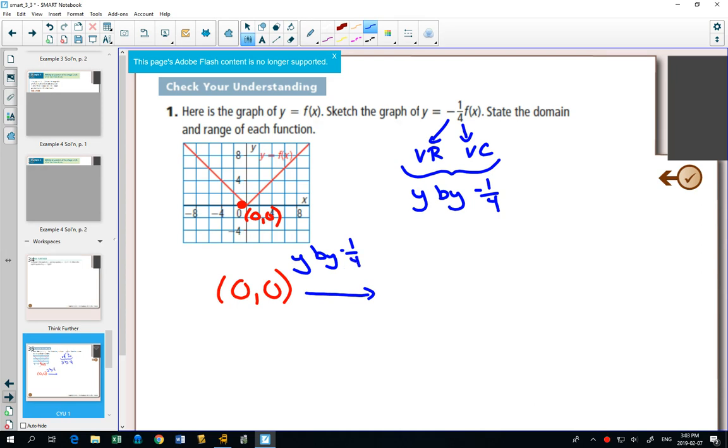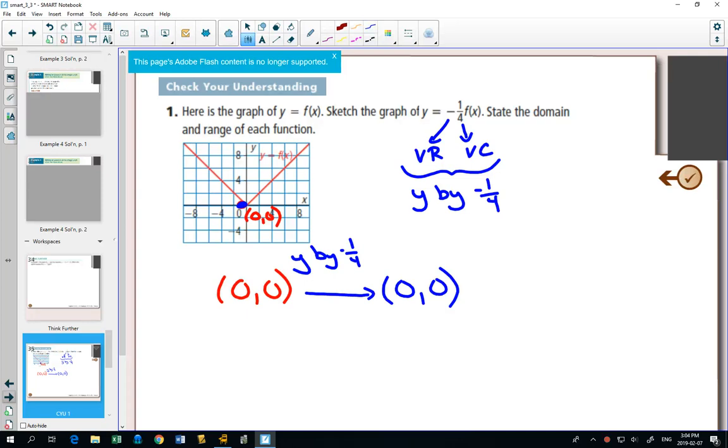When showing our work, we're going to take some points, and above the arrow, and the arrow represents where this point is changing to. I'm changing 0, 0 to something new. And above it, I'm going to explain what mathematics I'm doing to change this point. My y values are multiplied by -1/4. Well, in this case, what is 0 times -1/4? 0. This point becomes 0, 0. So technically, on the blue graph, that point didn't change.